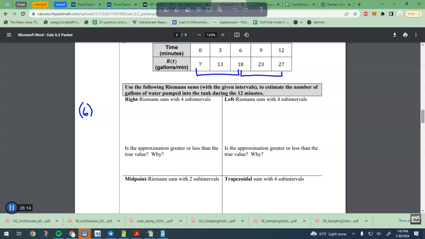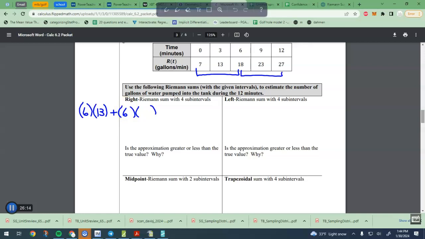13. So 0 and 6 are the endpoints of that interval. I find the midpoint and find the y value of the function there. So that's going to be 6 is the base and 13 is the height. Plus, and then in my next one, 6 is still the base.